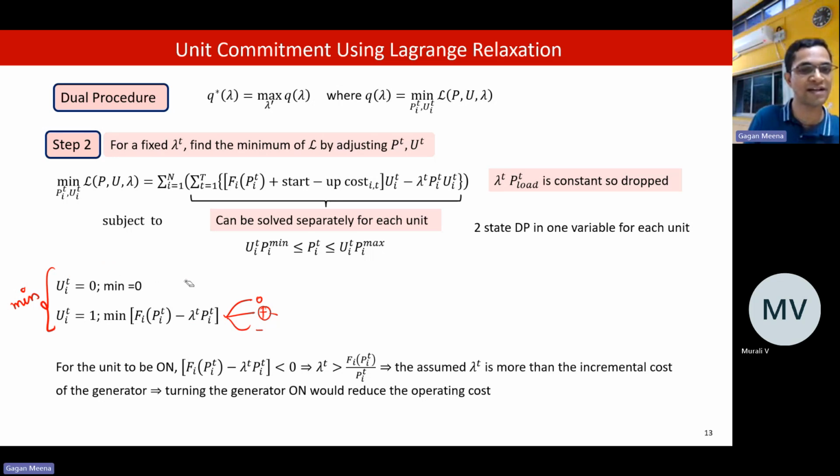So what is the condition when the unit will be on? Can you tell? What should this value be, 0, negative or positive, for the unit to be on?